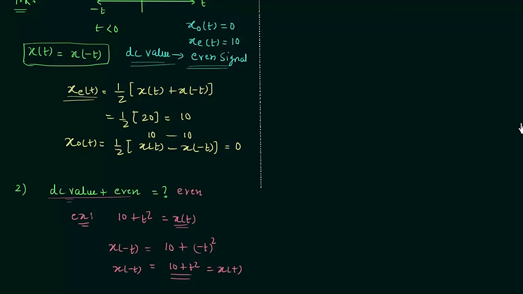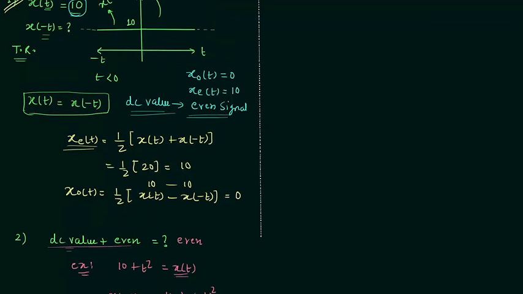One more thing you can see from this result, a DC value is an even signal. So here we are performing the addition between an even signal and an even signal. So the sum of two even signals will give us an even signal. So in this property we have two results. DC value plus even is equal to even, and even plus even is also equal to even.